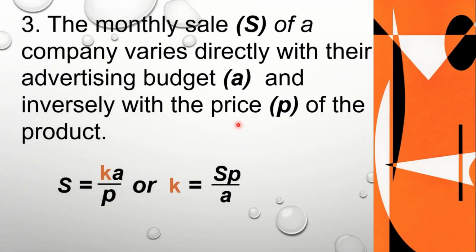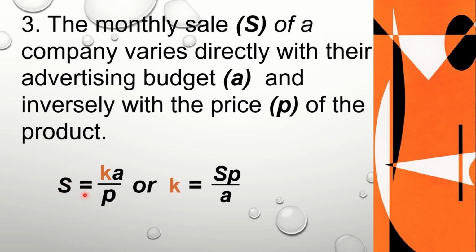3. The monthly sale of a company varies directly with their advertising budget and inversely with the price of the product. The three quantities: S for monthly sale, A for advertising budget, and P for the price of the product.